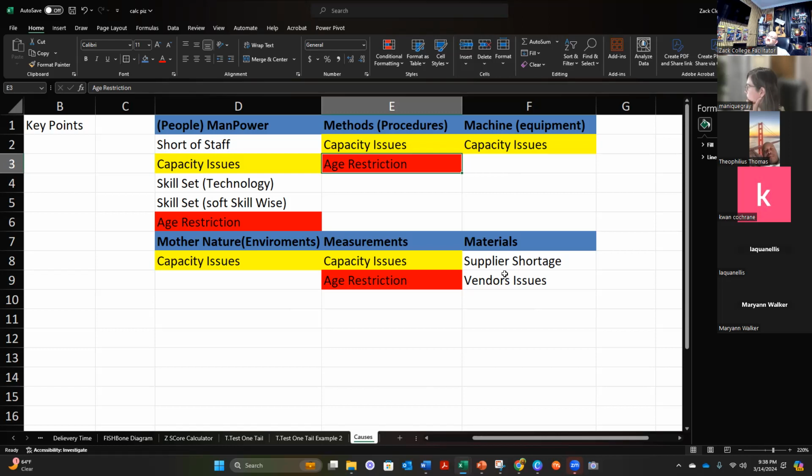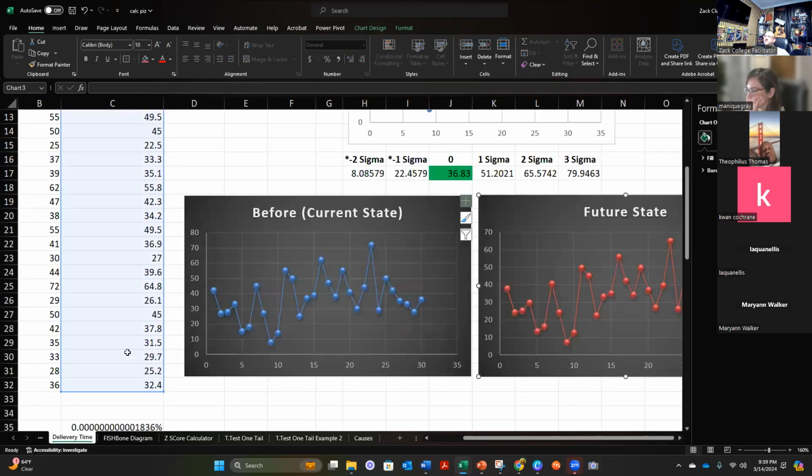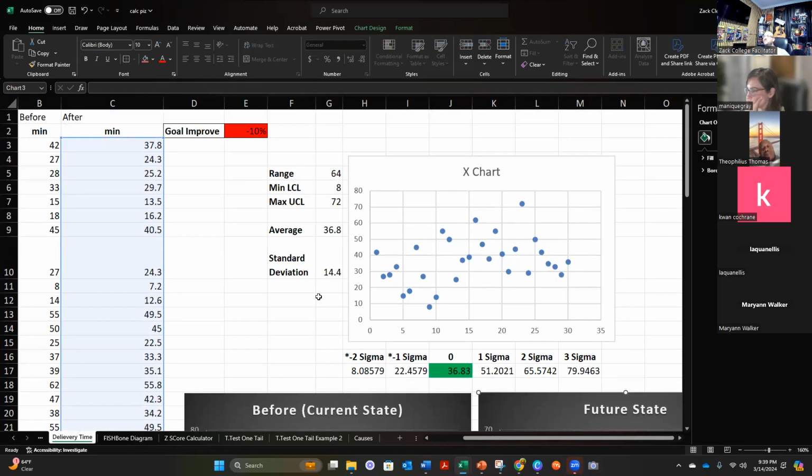So in tonight's session, we discussed several different things. We talked about the delivery times. We discussed essentially how the T-test is utilized there.